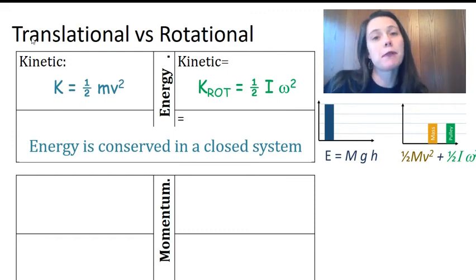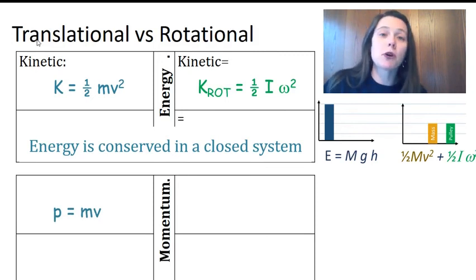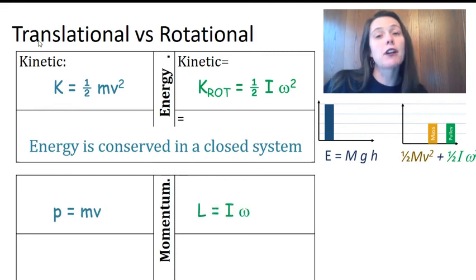One of the other fundamentally conserved quantities in physics is momentum. In the linear case, momentum, P, equals mass times velocity. In rotational motion, we also consider the angular momentum of an object. Here, L is equal to I omega. Both of these quantities are conserved, but they are conserved separately in any event.